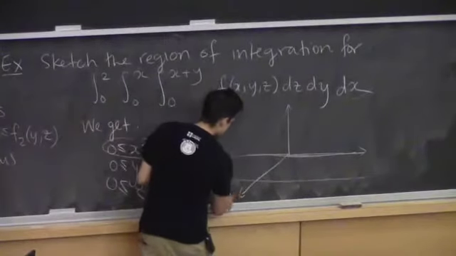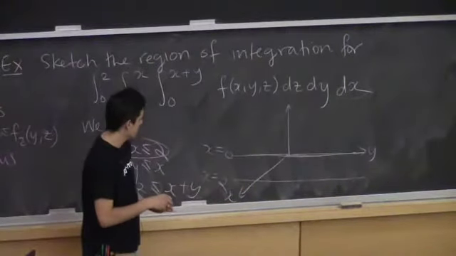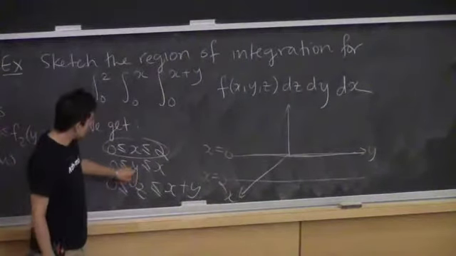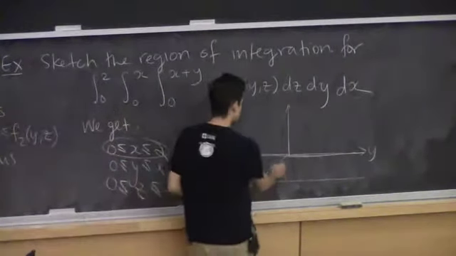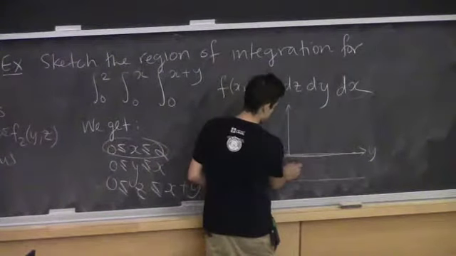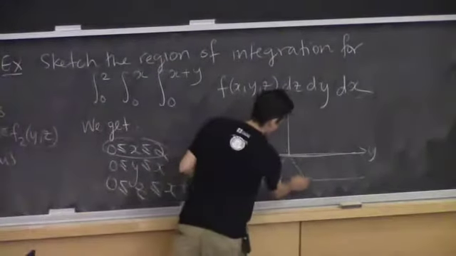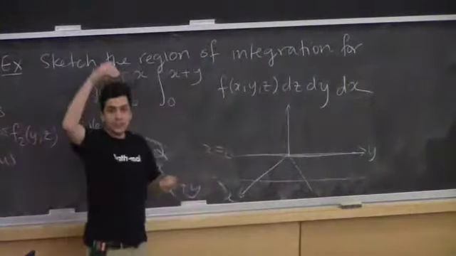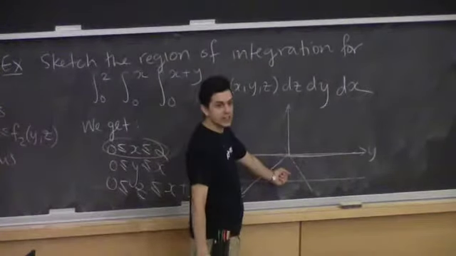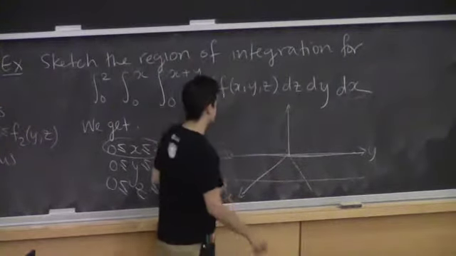So if this is the x-axis and this is the y-axis, then this line y equals x will sort of come out like this. If we looked at this graph from above, we'd see the usual picture of y equals x. But because we're seeing it in perspective, it kind of creeps towards us.